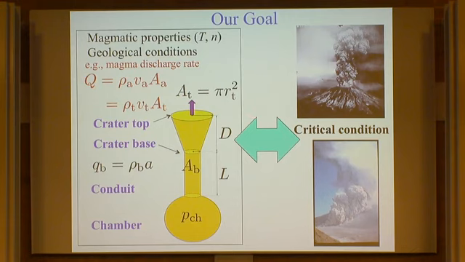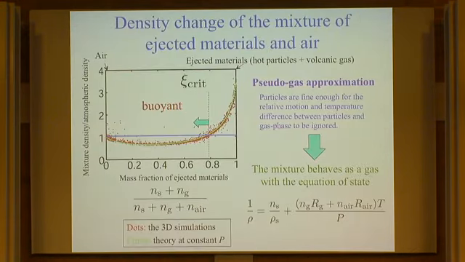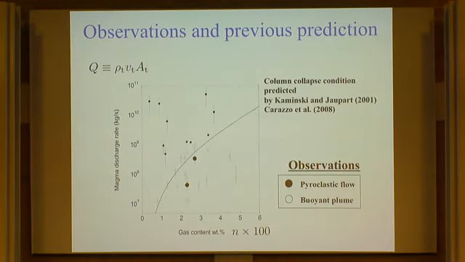And actually, there are several attempts to understand the critical magma discharge rate for eruption collapse. Kaminski and Jaupart, and Koyaguchi et al. show that for variable water content, there is a critical magma discharge rate above which the buoyant plume is no longer stable and becomes pyroclastic flow like this.